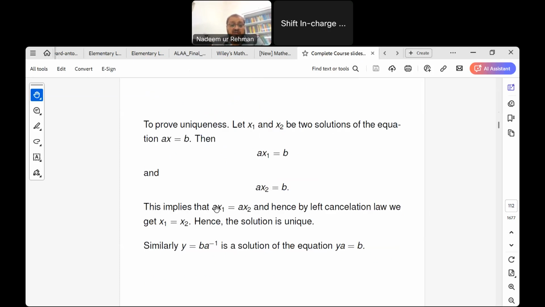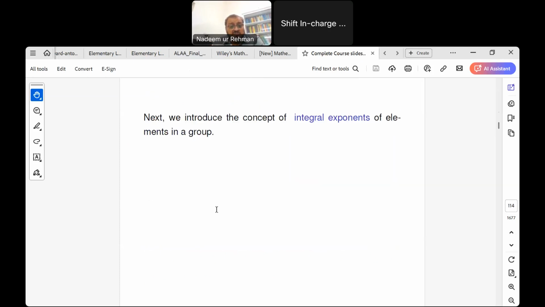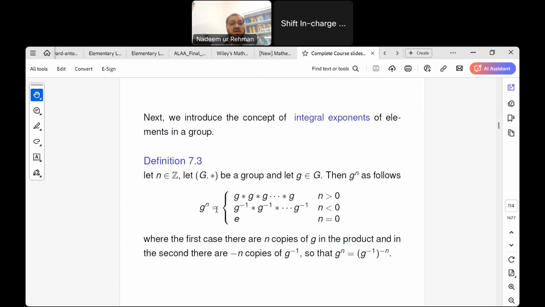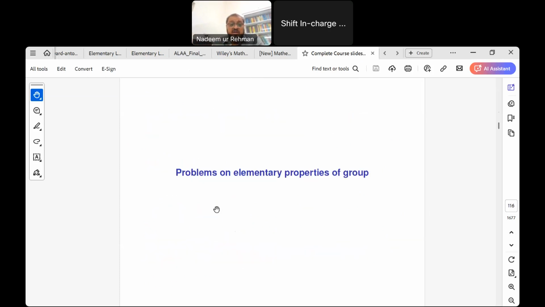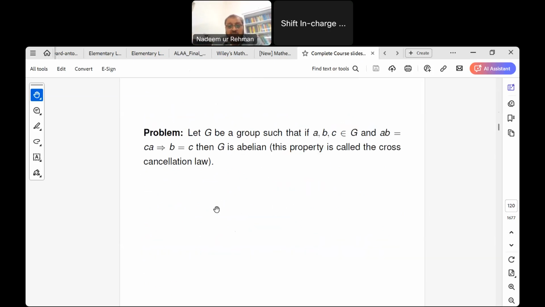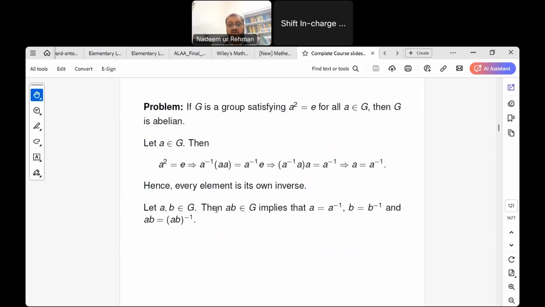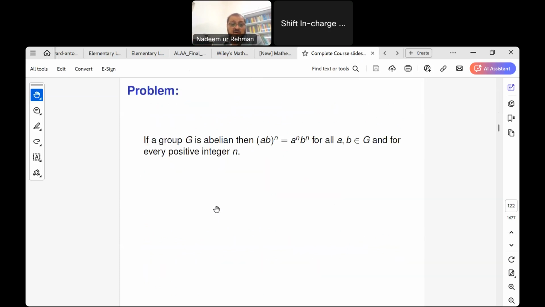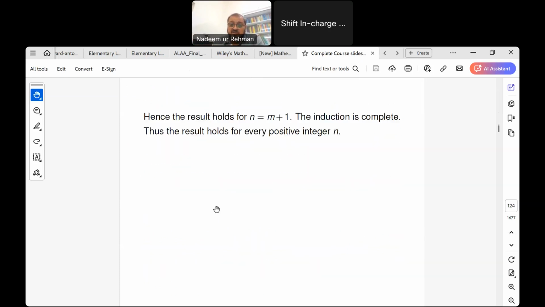After that, we discuss integral exponents of the elements of a group, and then some problems related to this first week.